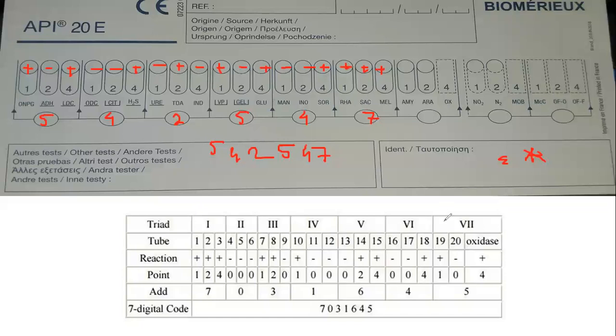Now, one thing is why we perform an API test, because in Pakistan an API kit costs I think 800 or 900 rupees, so it is expensive. So why are we performing it? We are performing it for our research, for isolation and identification of bacteria.